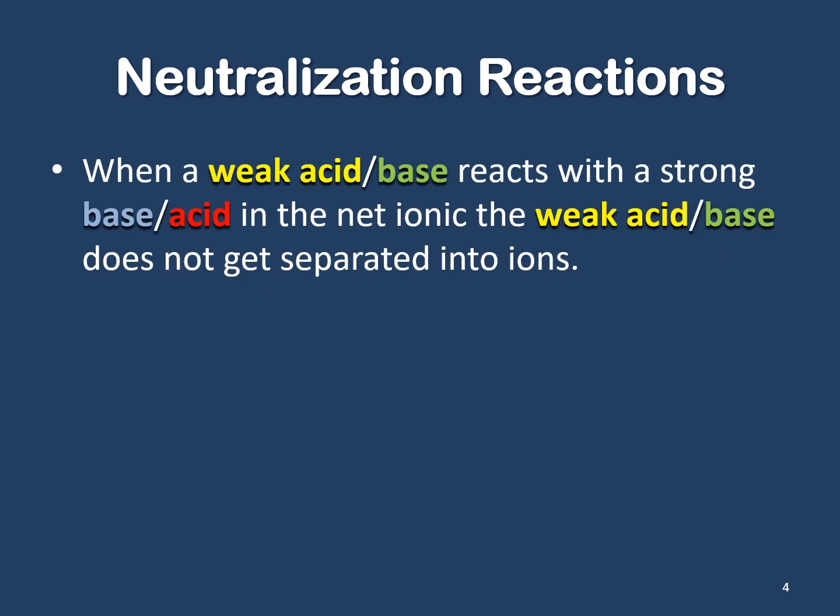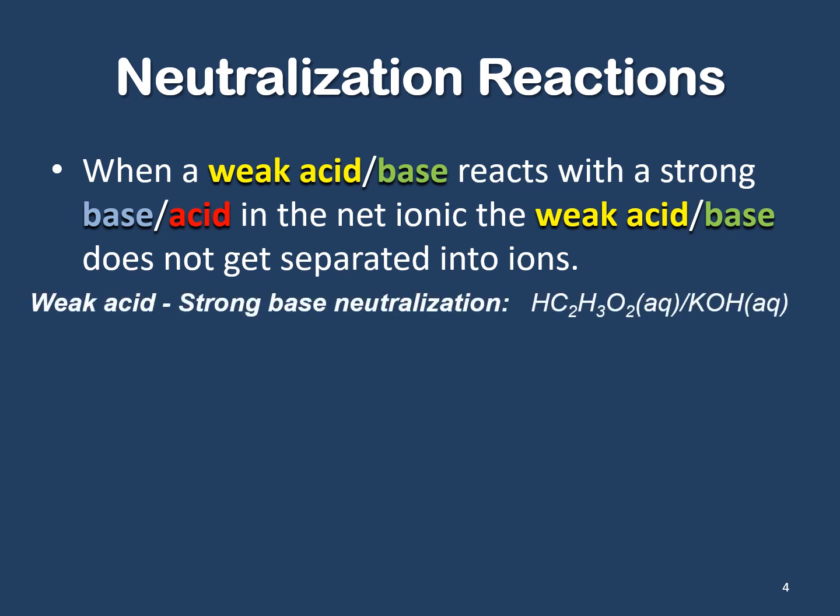When we have a weak acid or a weak base present reacting with something strong, the thing that's weak does not get split up into ions when we do the total ionic equation. Now, we're not going to work with weak bases in this class. That's going to be a Chem 1B thing. But you will be responsible for writing a net ionic of a weak acid reacting with a strong base.